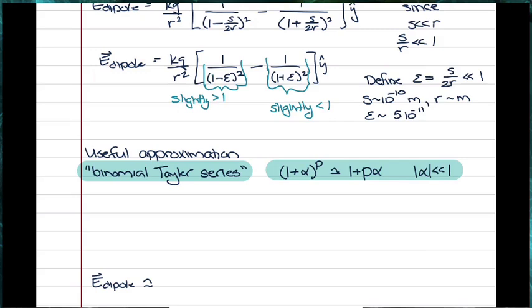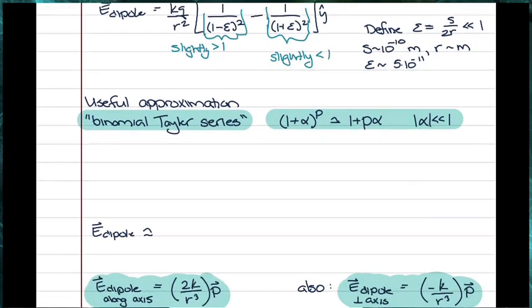So the way I'll write it is that if you have something that looks like this, 1 plus alpha all raised to the power p. So alpha is a number and p is a number. But the requirement is that alpha is exceptionally small. Right? This must be true in order for this to work.